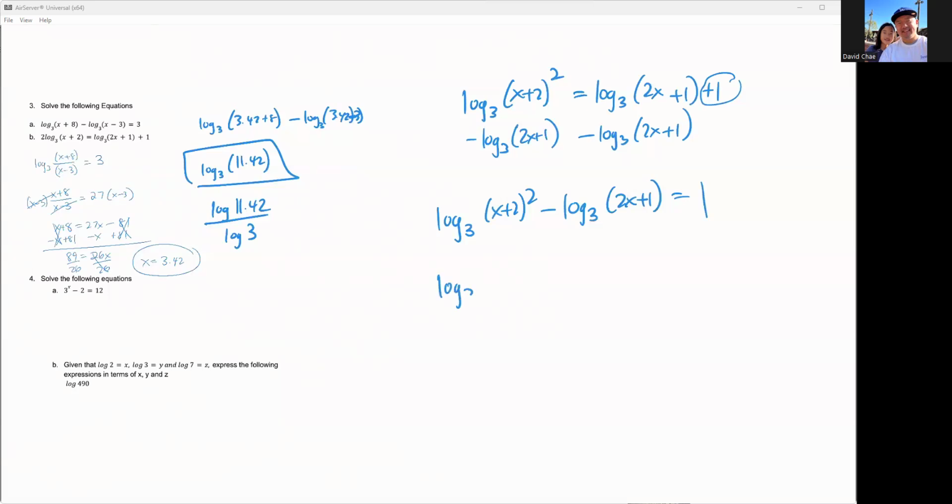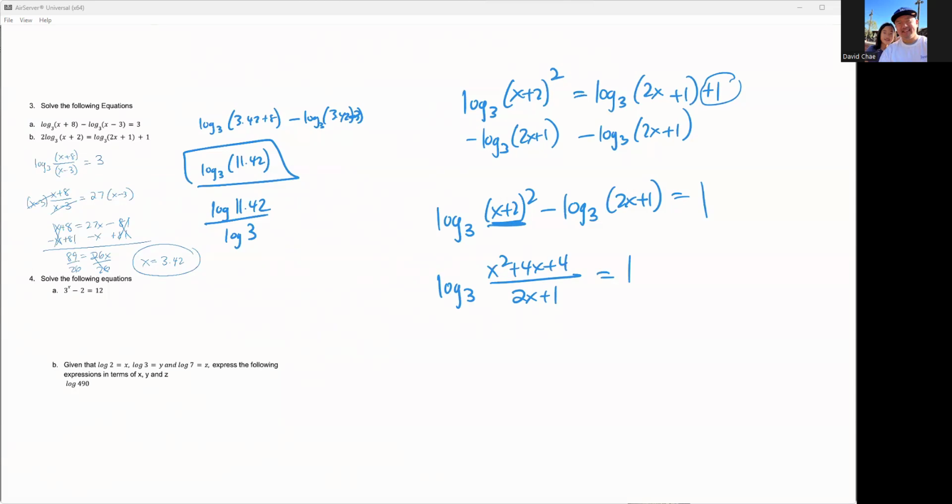Then what happens here? Log base 3, and I'm going to multiply this out. It'll be x squared plus 4x plus 4 over 2x plus 1 is equal to 1. Then put it in exponential form.